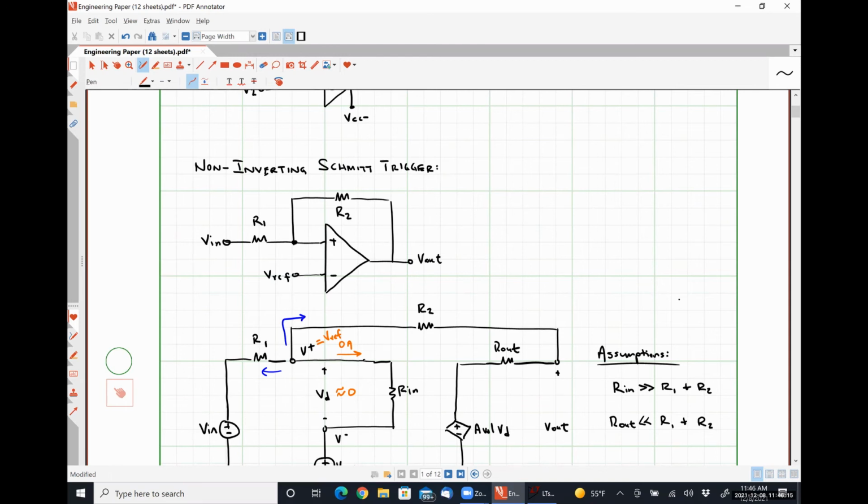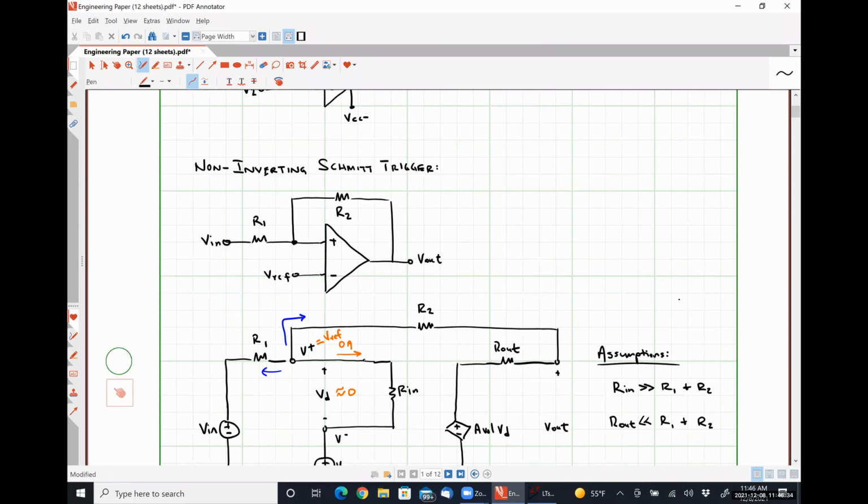So the difference between a non-inverting Schmitt trigger and an inverting Schmitt trigger is that you replace where V reference and Vn are applied. You literally just swap those two voltages. Okay. Just like the difference between an inverting comparator and a non-inverting comparator was just swapping Vn and V reference.